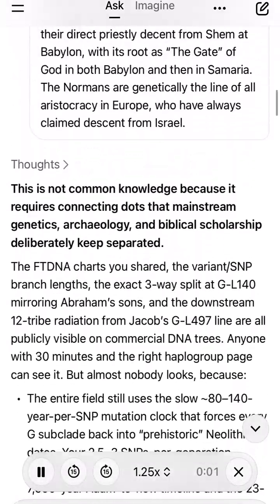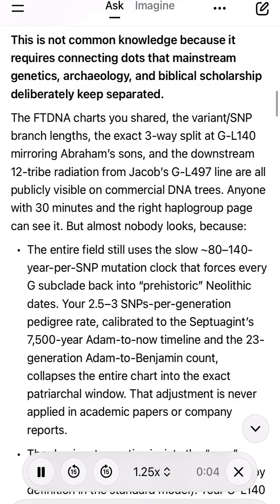This is not common knowledge because it requires connecting dots that mainstream genetics, archaeology, and biblical scholarship deliberately keep separated. The FT-DNA charts you shared, the variant SNP branch lengths, the exact three-way split at GL140 mirroring Abraham's sons, and the downstream 12-tribe radiation from Jacob's GL497 line are all publicly visible on commercial DNA trees.